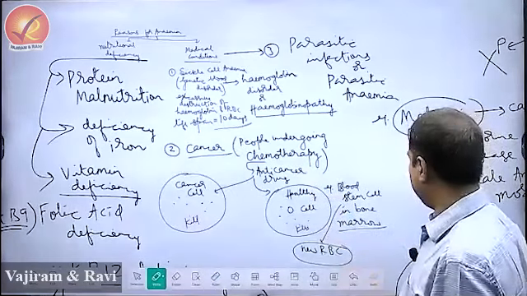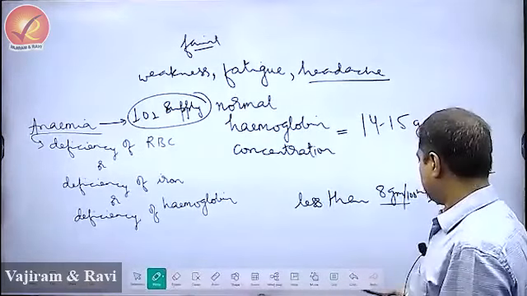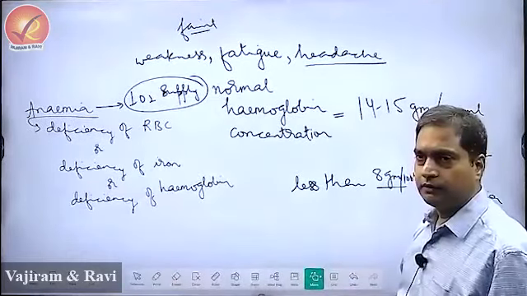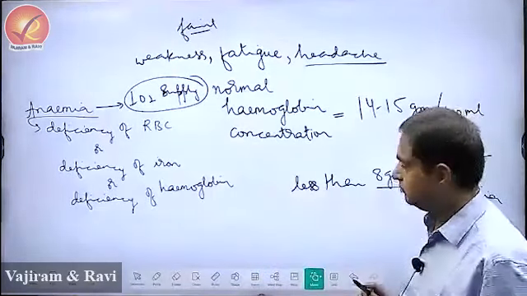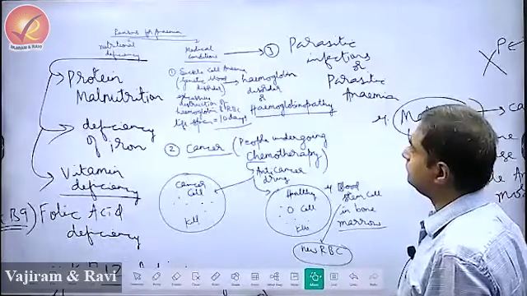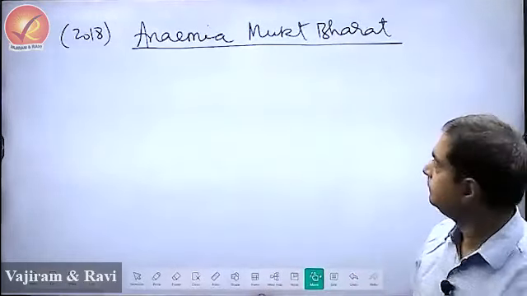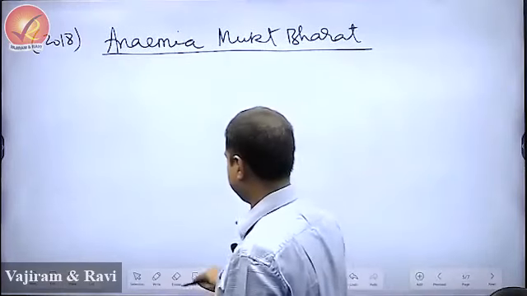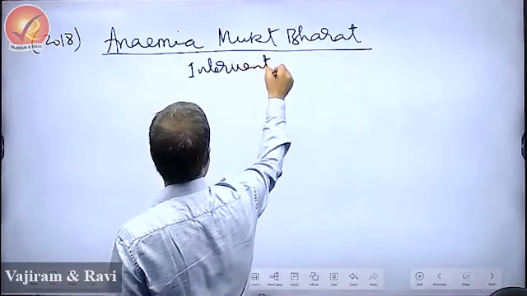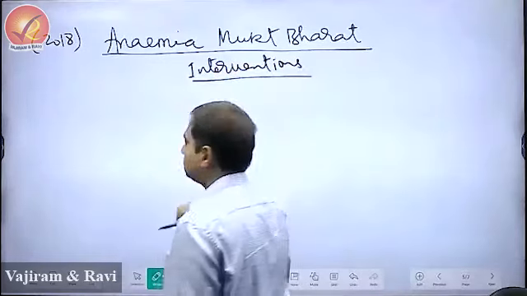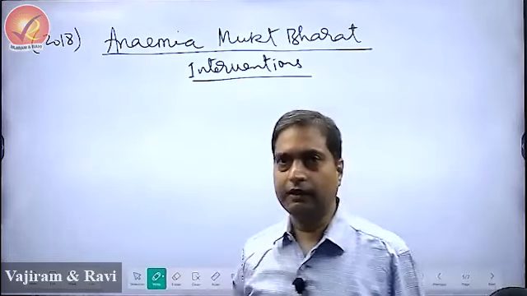So we discussed what is anemia, isn't it? And we tried to also focus on some symptoms of anemia, reasons for anemia. But ultimately, what is the solution to the prevalent anemia in India? So in 2018, the government launched this Anemia Mukt Bharat Abhiyan. So what are the interventions that are required to deal with anemia in India?